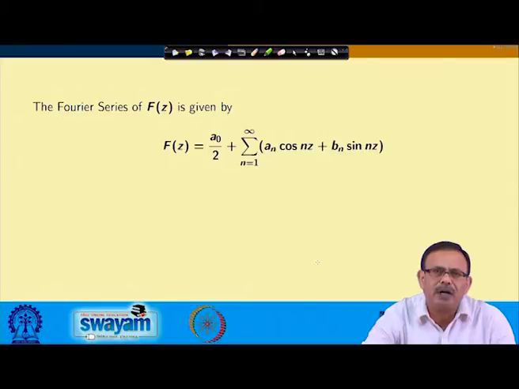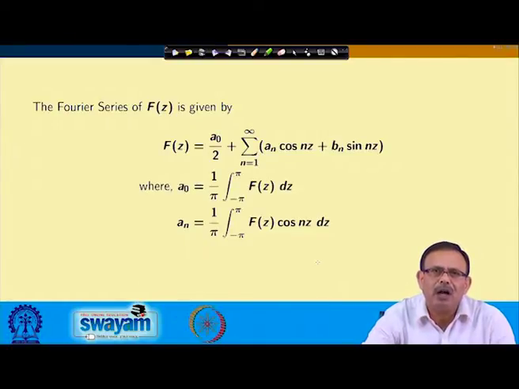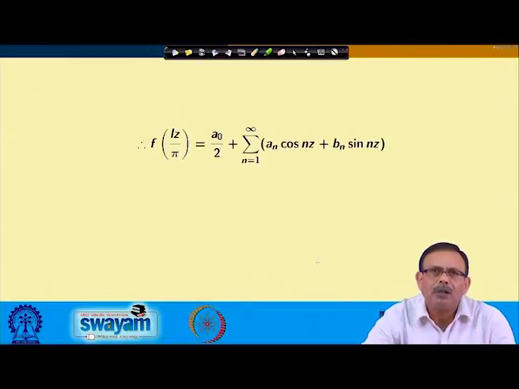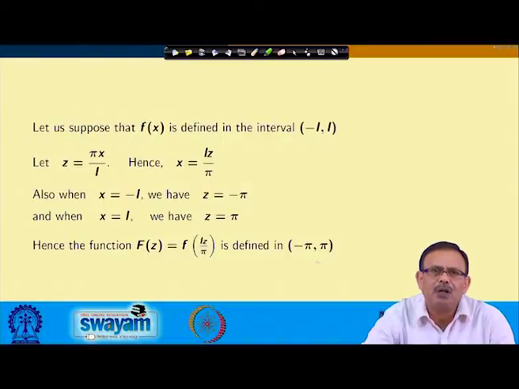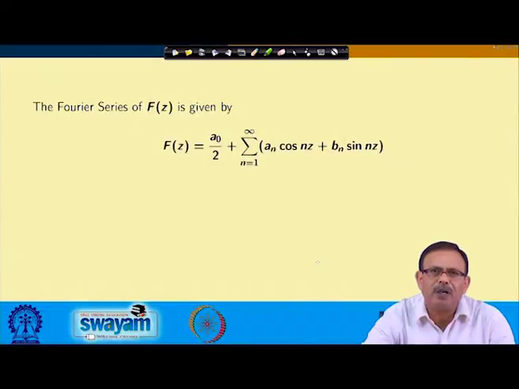So, F z can be written in terms of this, where a naught, a n and b n are these three integrals. Now, substitute here the value of capital F z, which is nothing but f of L z by pi, which we have shown here.